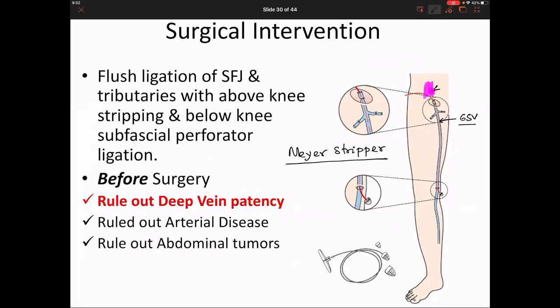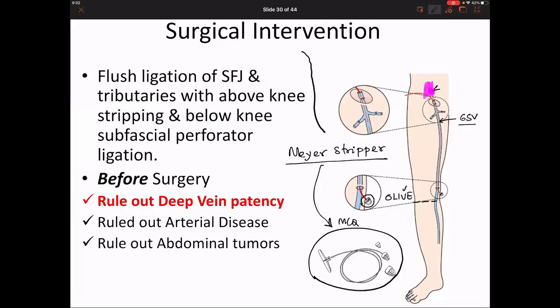The Mayer stripper looks exactly like a metal wire, but at one end of the wire, see this picture, this material is called an olive. This is the Mayer stripper, an MCQ picture. The only thing you are required to do is, at this point around the knee joint, ligate the great saphenous vein and pull this thing like this.